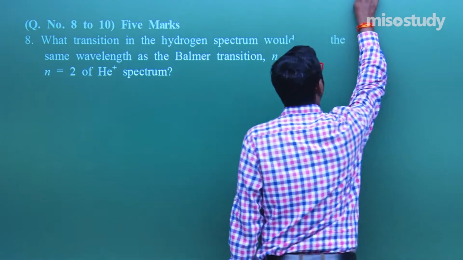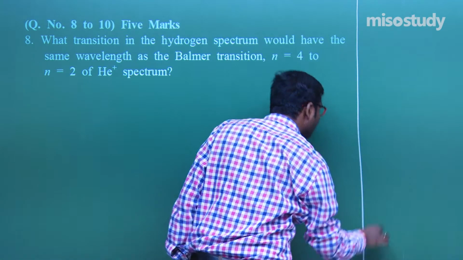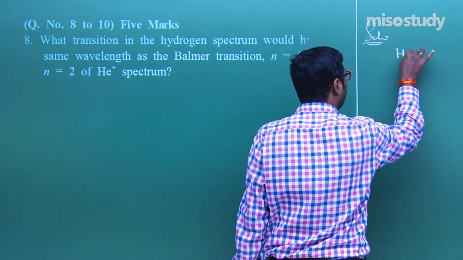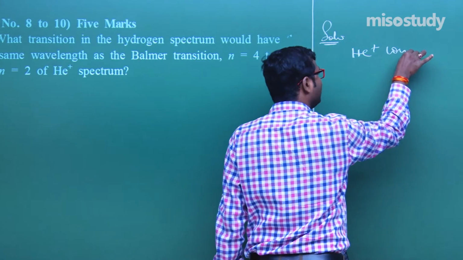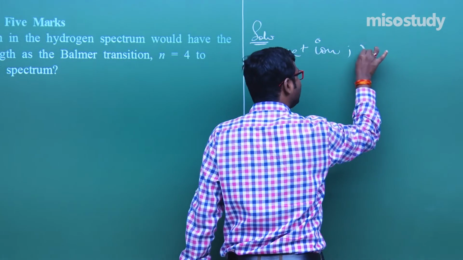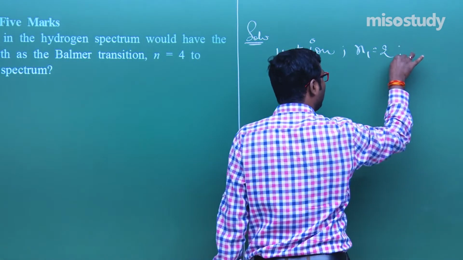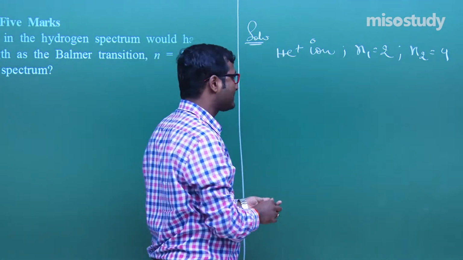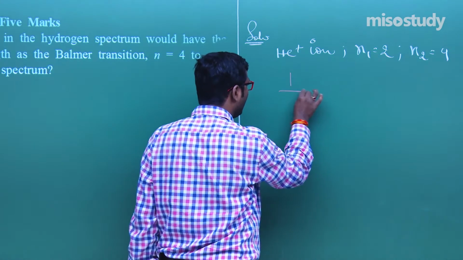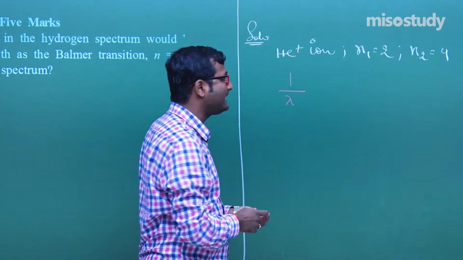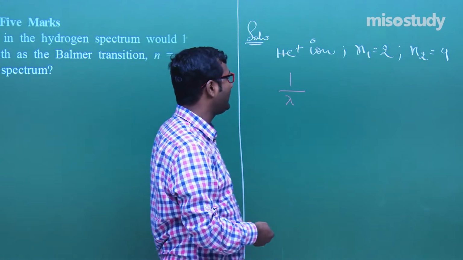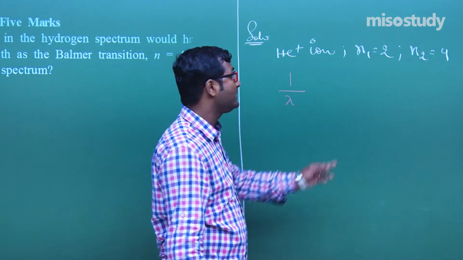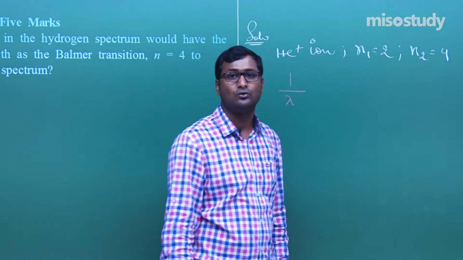That means for helium plus ion, n1 is equal to 2, that is the Balmer series, and n2 is equal to 4. In this case the wavelength will be exactly equal to the wavelength of the hydrogen atom transition. And the question is which transition? That is, we need to find n1 and n2.